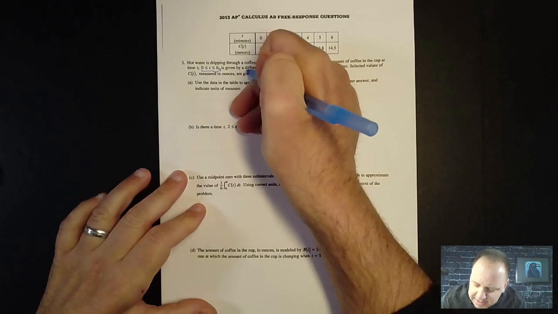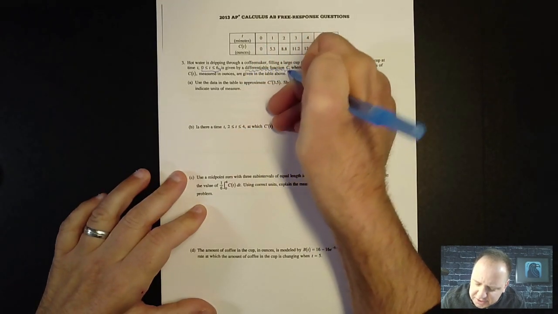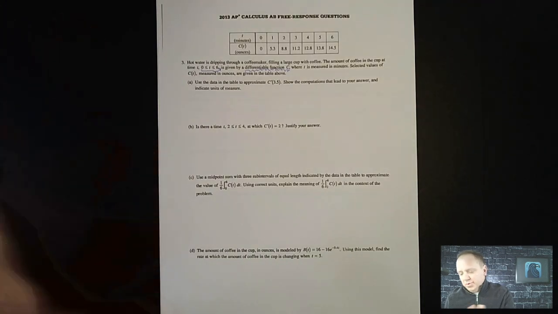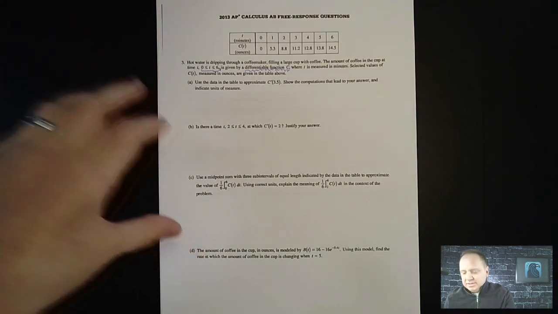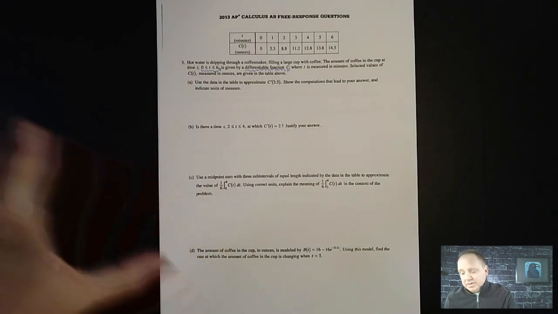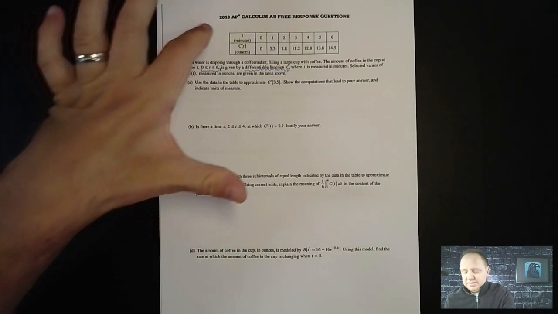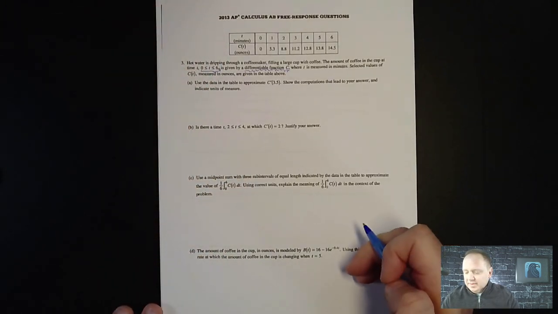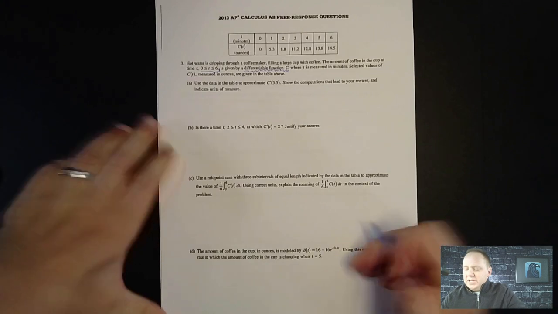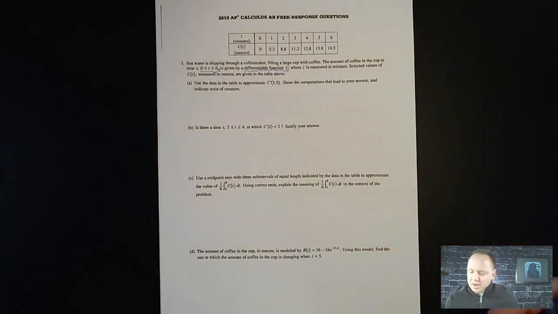They're telling me that it's a differentiable function C, but you're going to see that actually, well, we'll get to that in a second. That would be the second derivative, right? Oh, I take that back. This is minutes and ounces. So T is measured in minutes, and then C of T is measured in ounces.